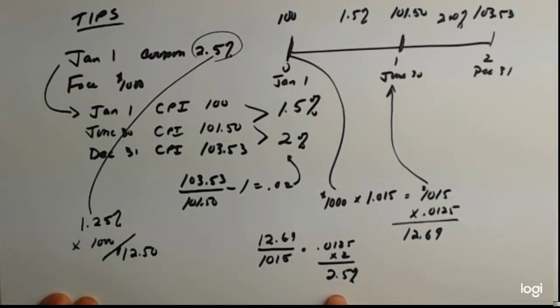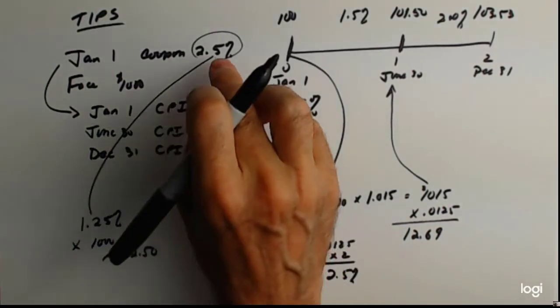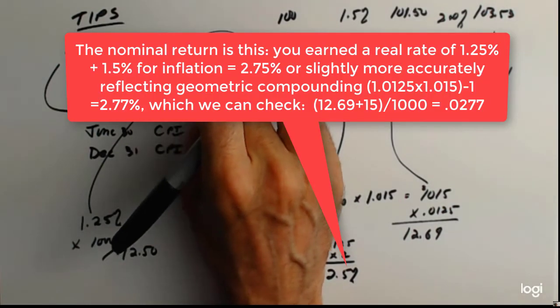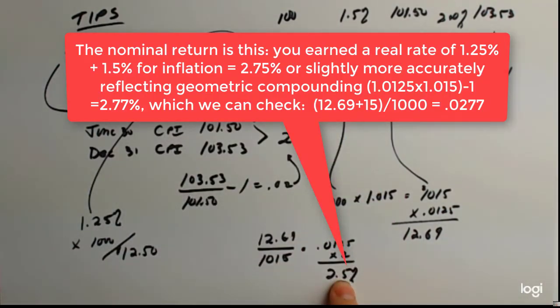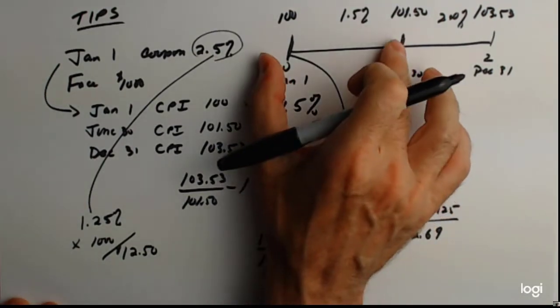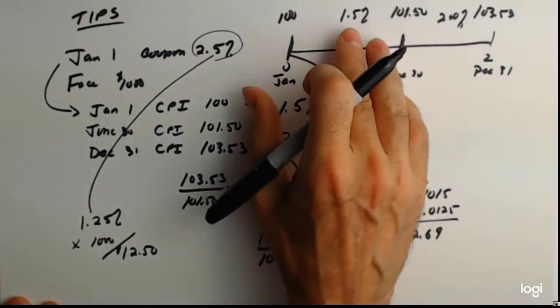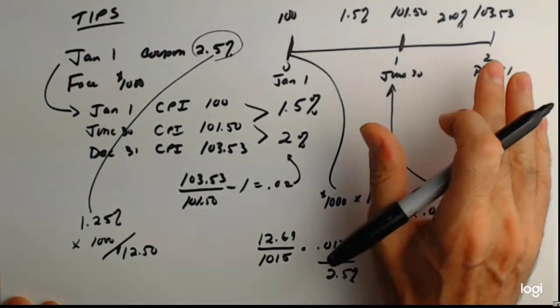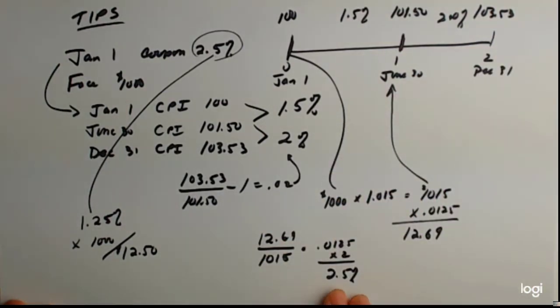Our return was 2.5%, exactly what the coupon rate is. So this was a real rate of return because it has been adjusted for inflation. It pumped it up only 14 cents, but that's only the first 6-month period. Now what happens if you had a bond that was 30 years? Whew, it makes a big difference.